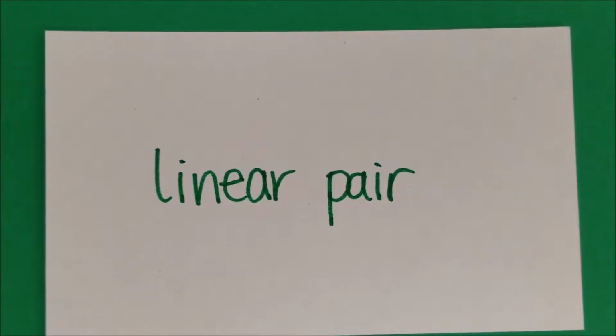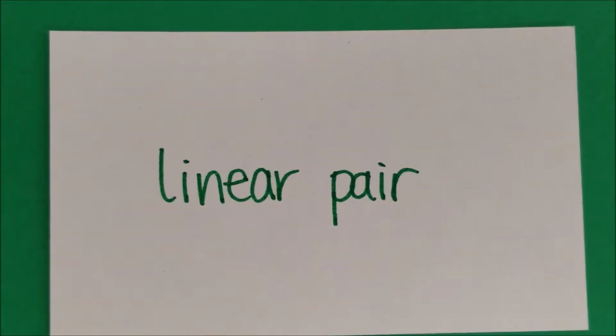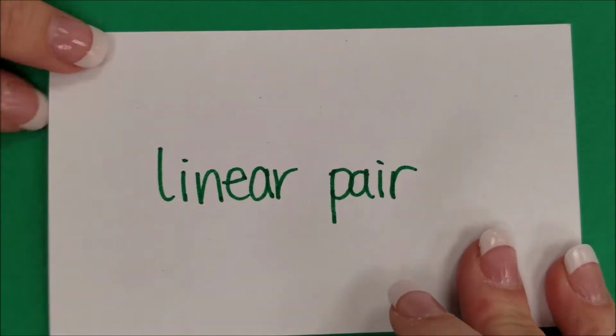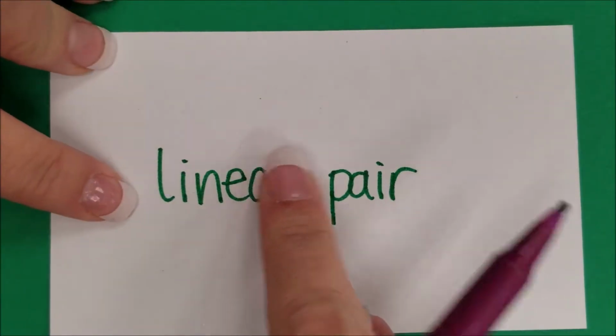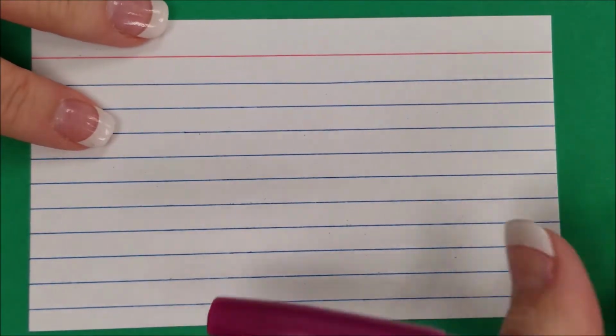A linear pair, these are going to be a pair of angles, exactly what that word looks like. They make a line. So let's take a look at what the definition is.